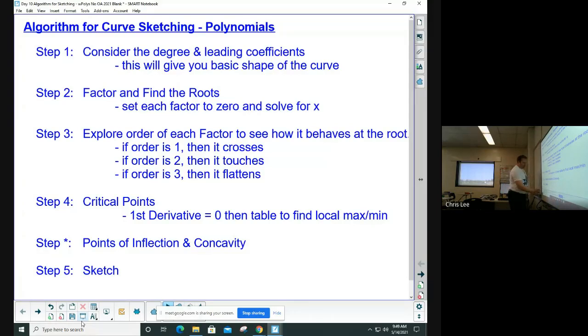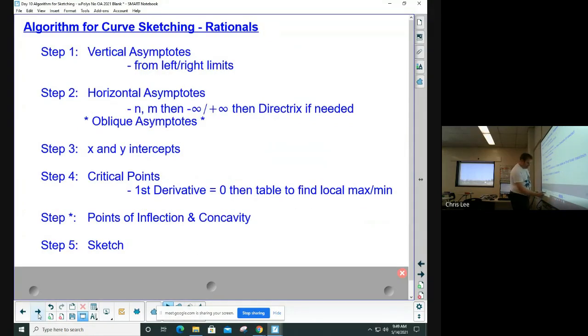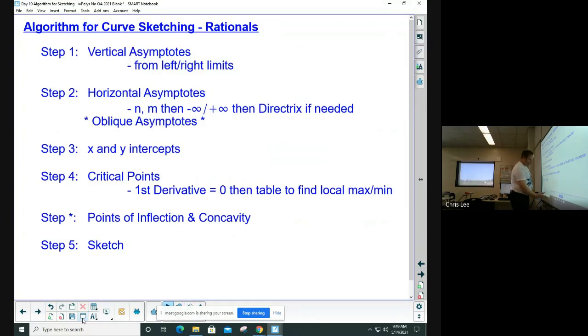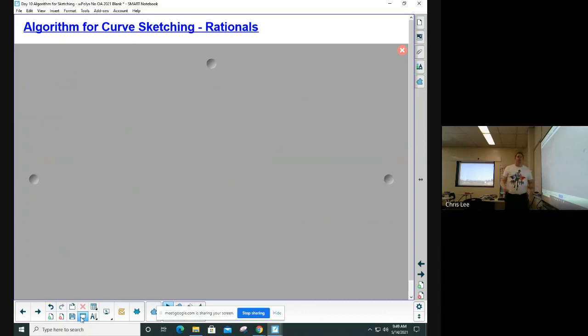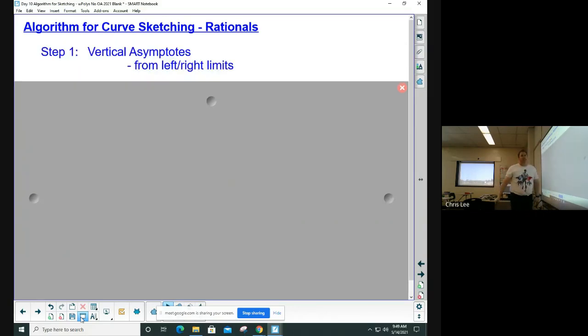That's for polynomial functions. When it's a rational function, polynomial functions don't have asymptotes, so you're going to find the vertical asymptotes. That's our first step. And then last, in advanced functions, we did test points. But here we learned about limits, so we're going to formalize that a bit more and take the limits on the left and right.